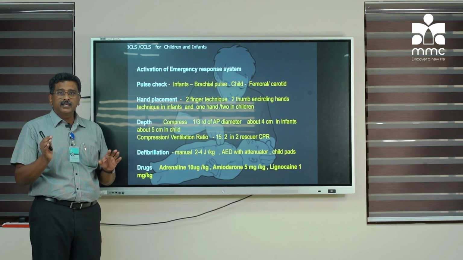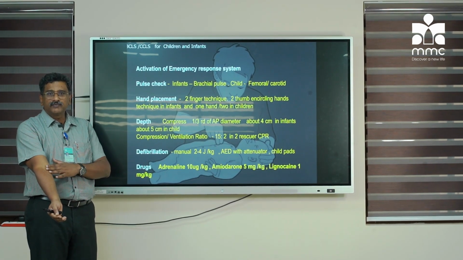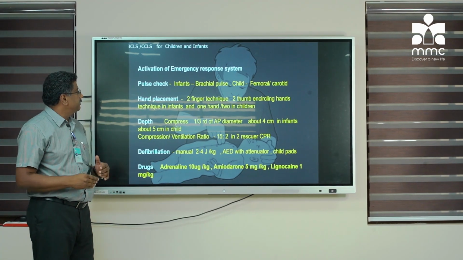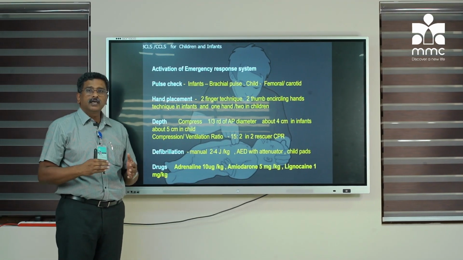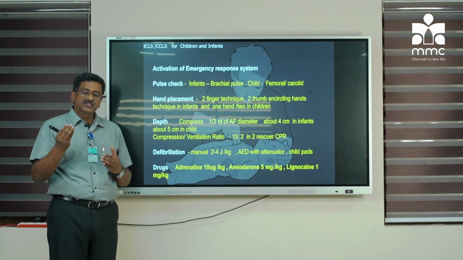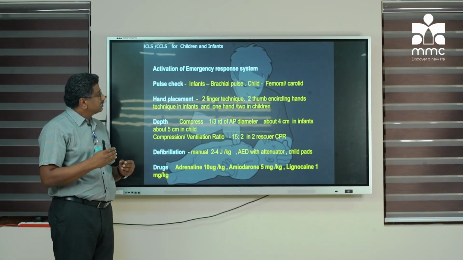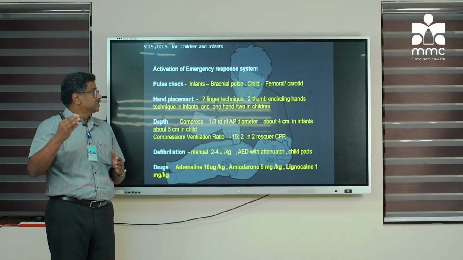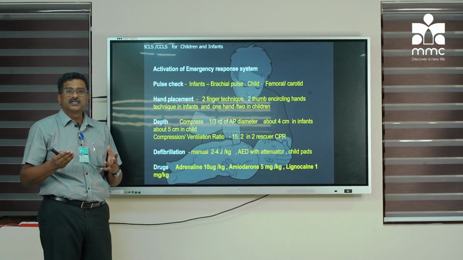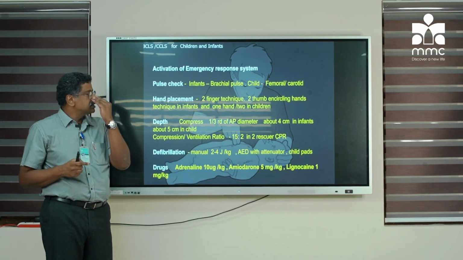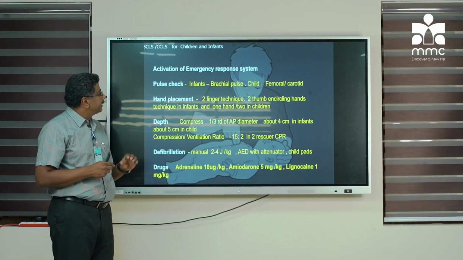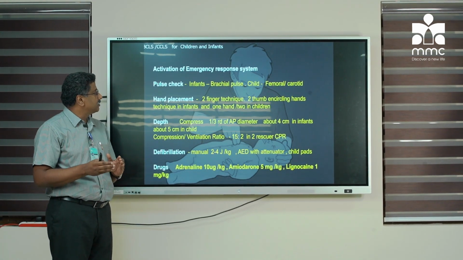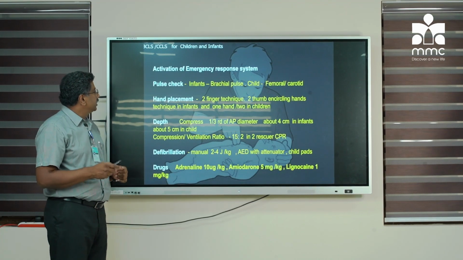In an infant, brachial doesn't mean here in the cubital fossa, it is between these two muscles so that we can easily palpate. In a child, either you can check the carotid or the femoral, because the child's age is from 1 year to 12 years. In a bigger child, you can always palpate the carotid pulse, and in a small child, femoral. So in a child it is femoral and carotid, and in infants it is brachial pulse.